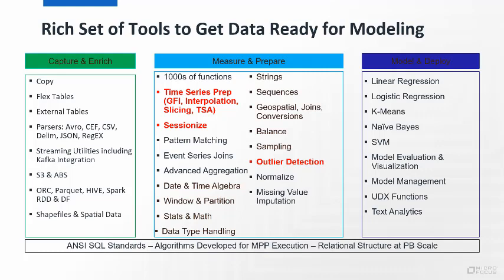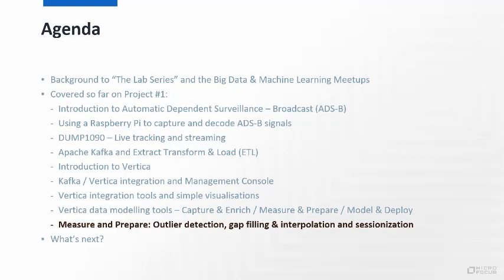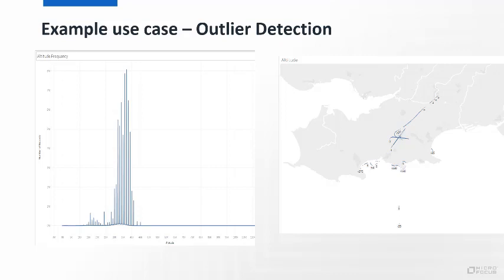For now, we're going to concentrate on three of the measure and prepare functions, namely time series preparation, gap filling and interpolation, sessionization, and outlier detection. You'll recall the earlier slide where we plotted altitude and number of flights.